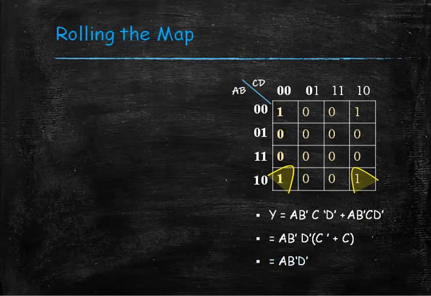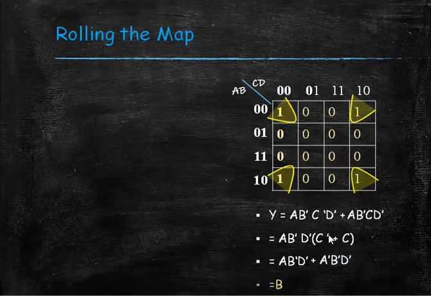It is a pair, A, B bar, D bar. Similarly, we can form a pair from these two, which is A bar, B bar, D bar.